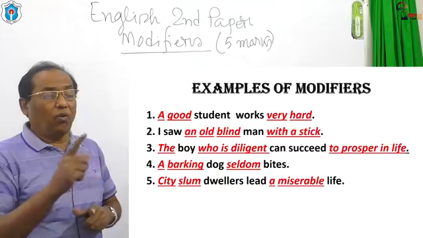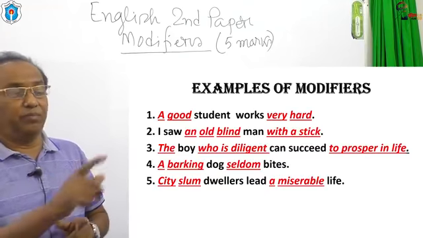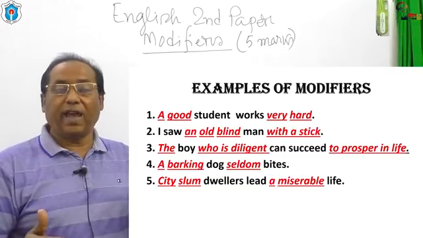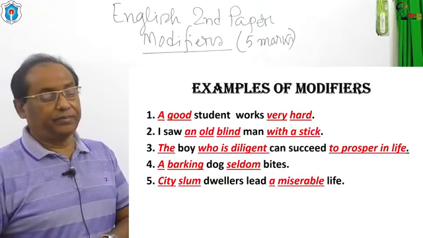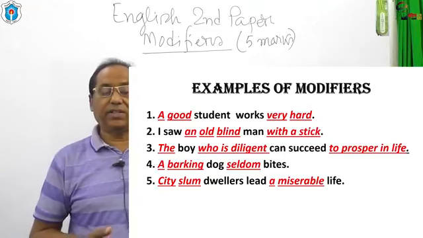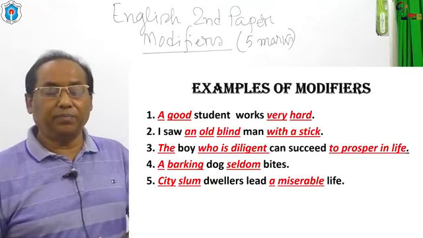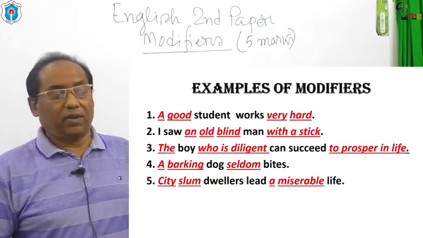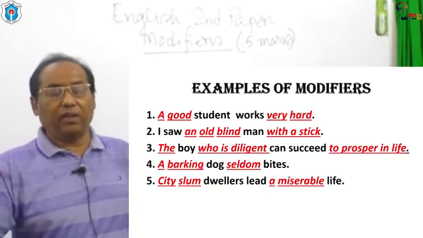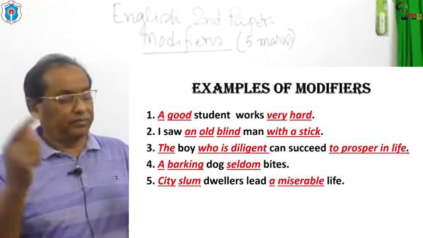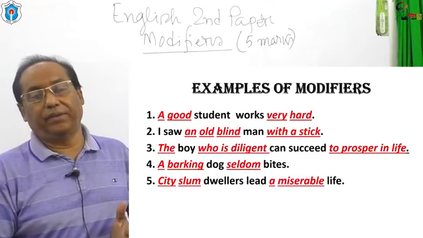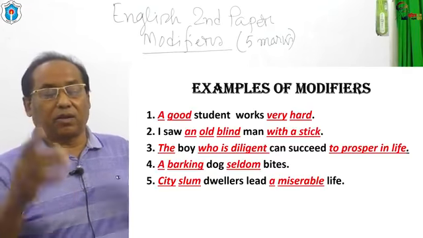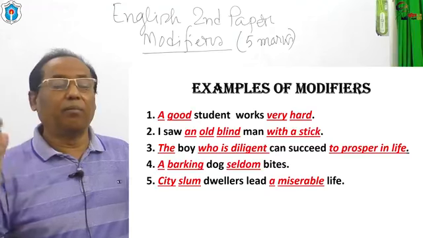Secondly, old is an adjective. It modifies the man. What kind of man? Old man. So, old is another modifier. Again, blind is an adjective. It also modifies man. Altogether, the three words an, old, blind modify the noun man. So, all of them are modifiers.